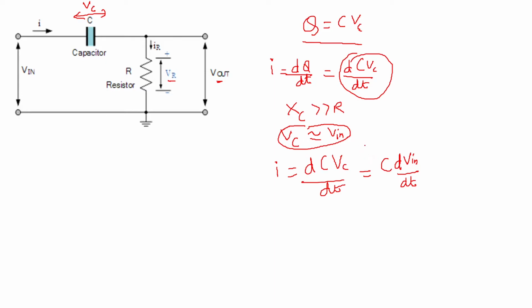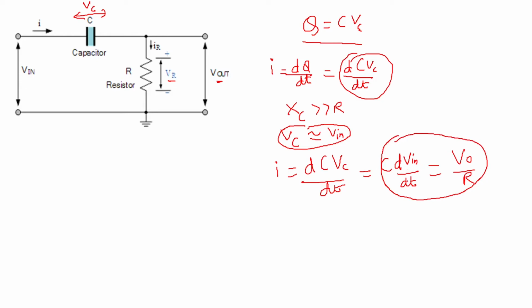That is the relationship for the current through the capacitor. Now this will be equal to the output voltage upon resistance R, that is Vout/R. We have to concentrate on this relationship.